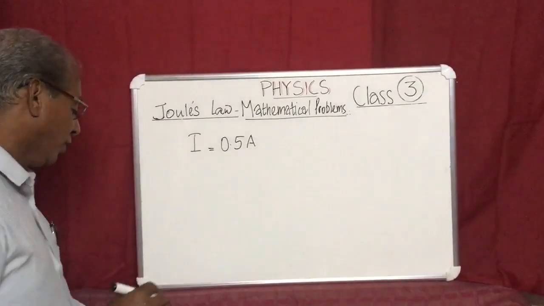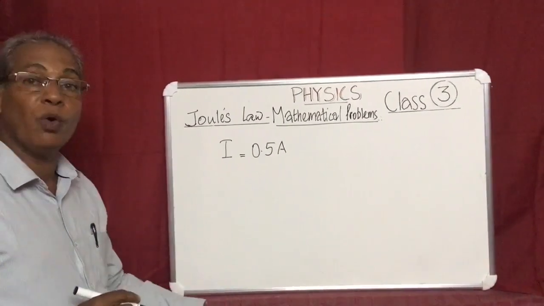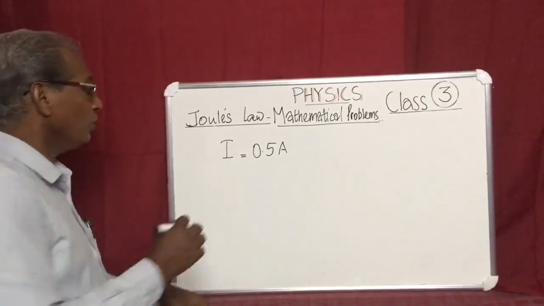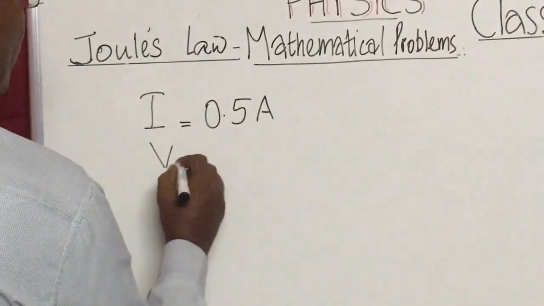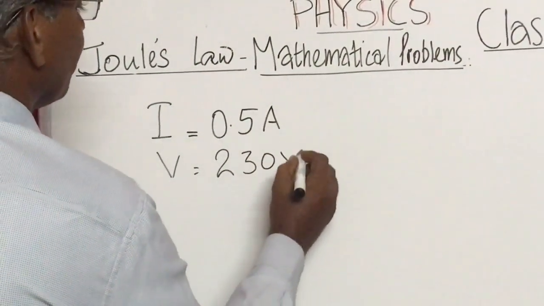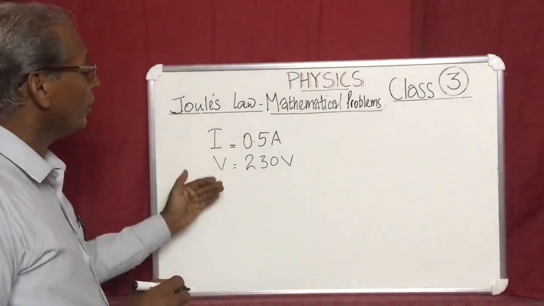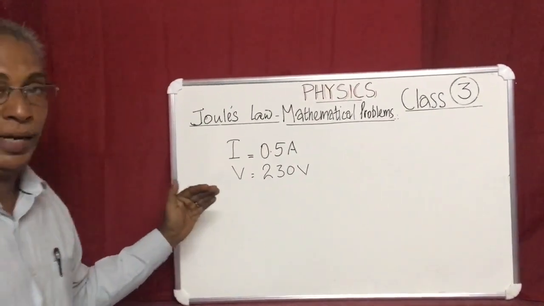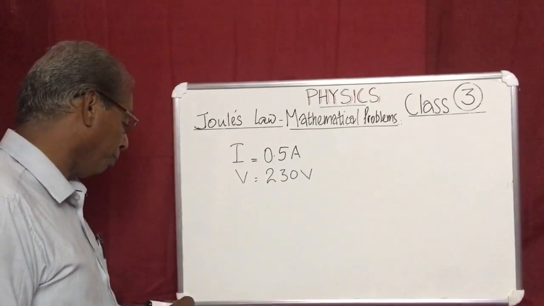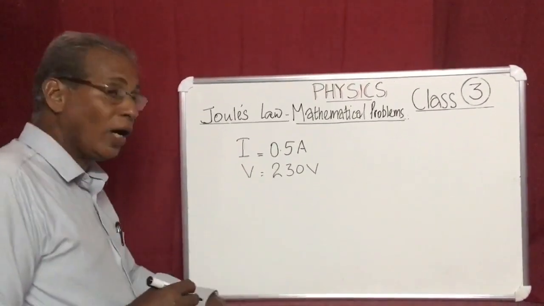Now comes the next data. 230 volt supply, that is V, voltage. It is written 230 volt. This is the data given, and 3 questions are to be answered. A. Calculate the quantity of charge.